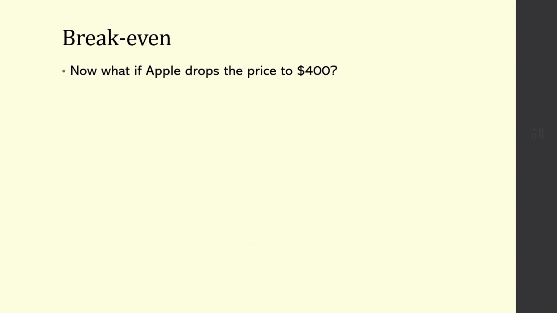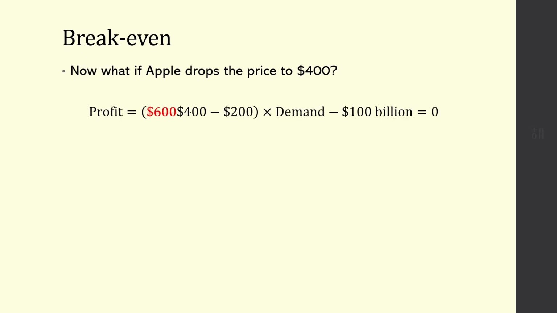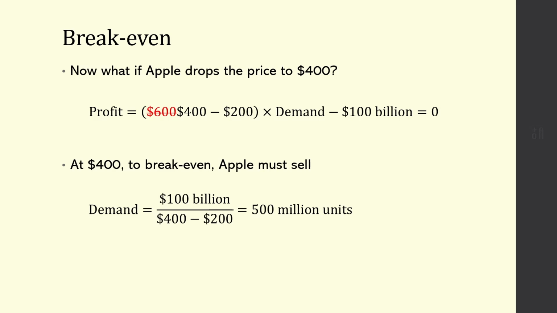Now let's look at a different scenario. What if Apple drops the price to $400? Now the profit formula becomes $400 minus $200, so the profit margin drops. At $400, we can calculate the break-even.